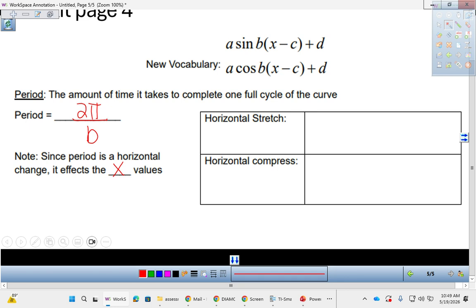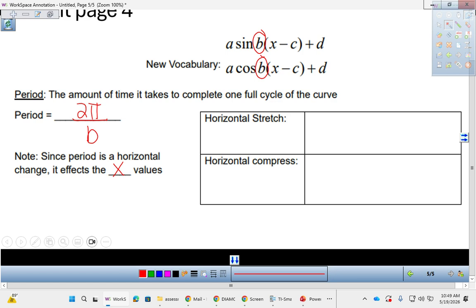The opposite happens here. If the number in front here, b, is a 5, it's not a stretch. If that's a 5, it makes the pace faster, which actually shrinks the graph because I'm getting through the curve in a quicker amount of time, okay?